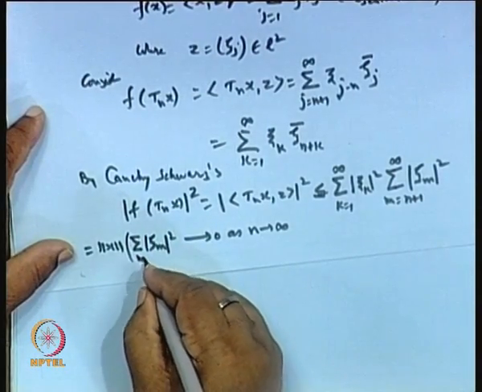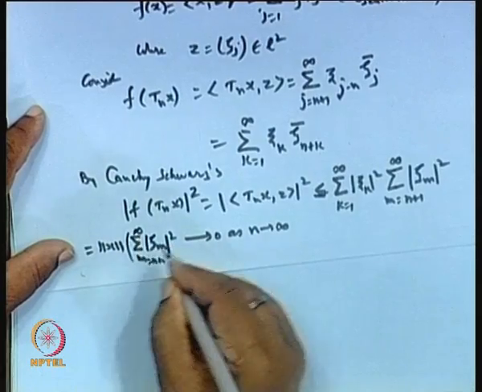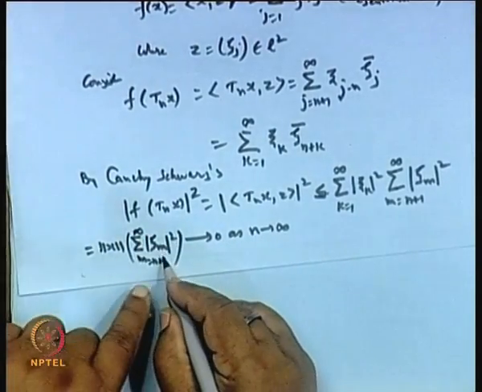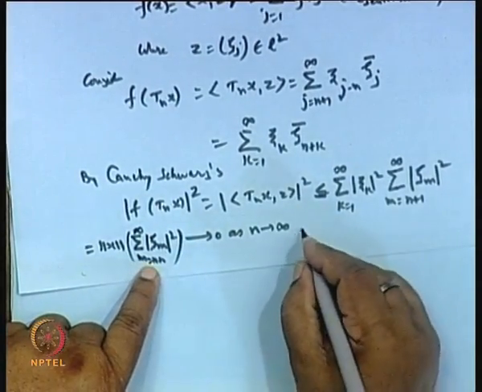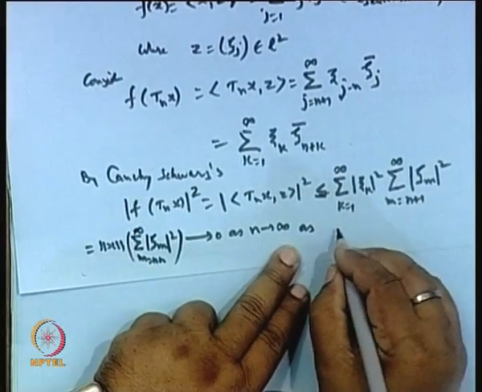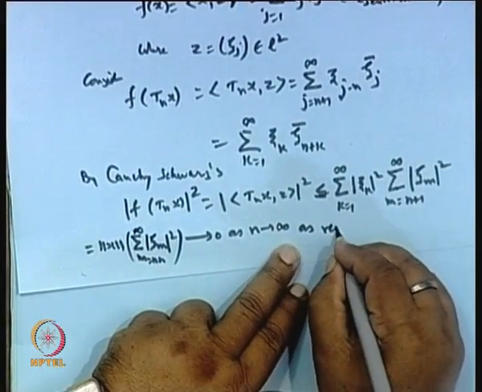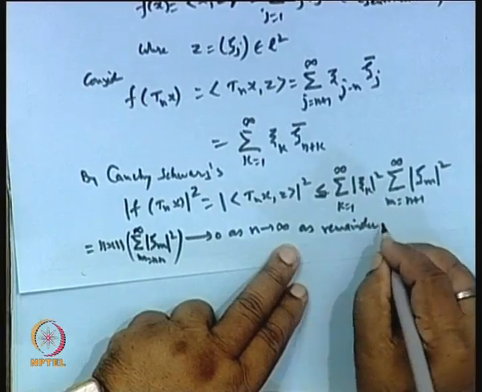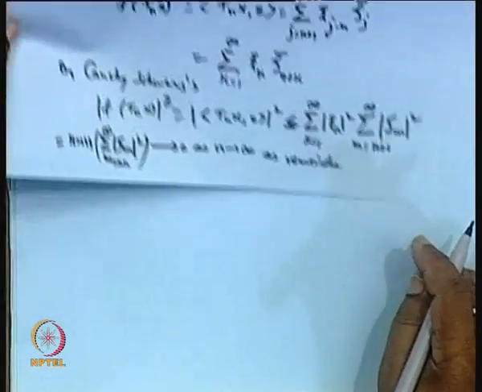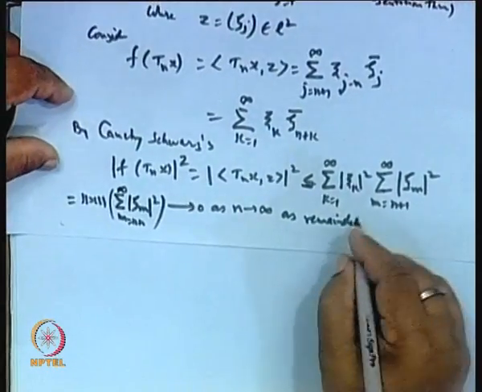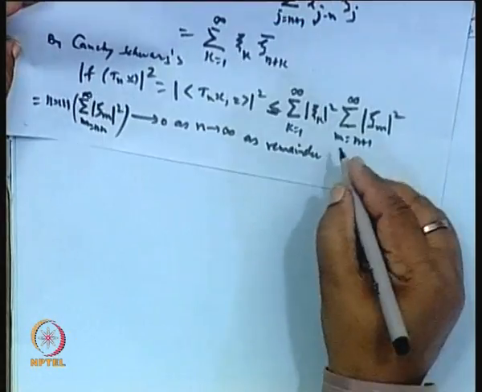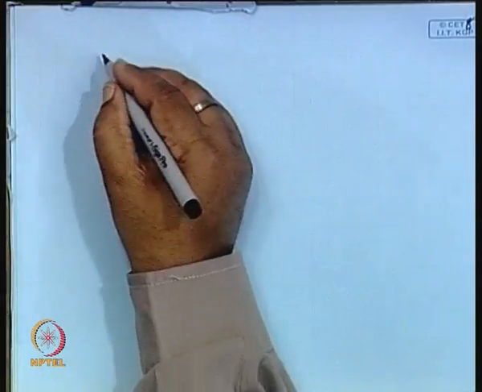Is it not? This is the remainder of the convergent series, so it will go to 0.